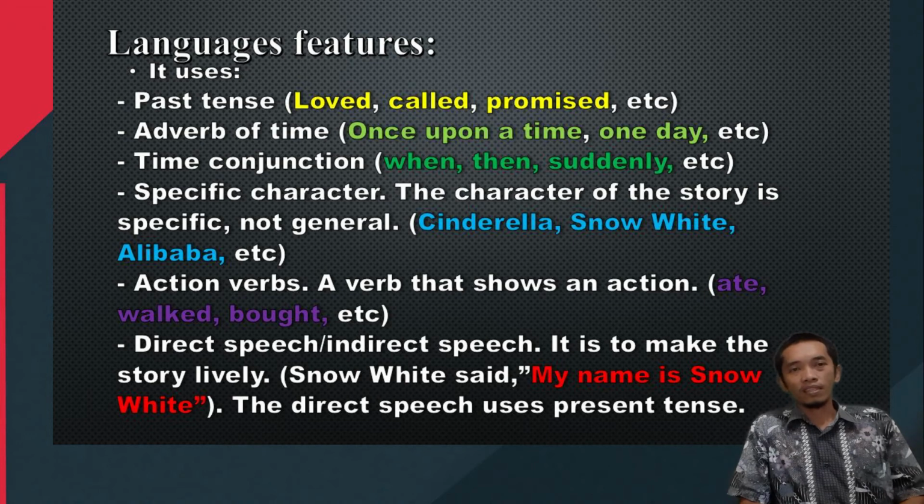The difference between the legend and folktale: in the legend, we can see proof of the story which is told by people, but in fairy tale we cannot see any proof of the story.